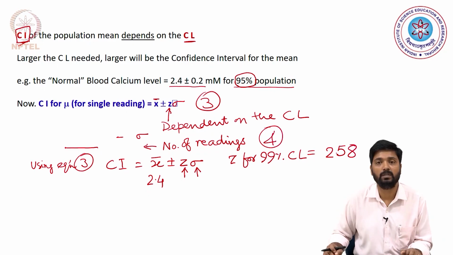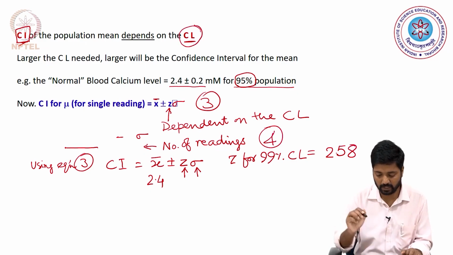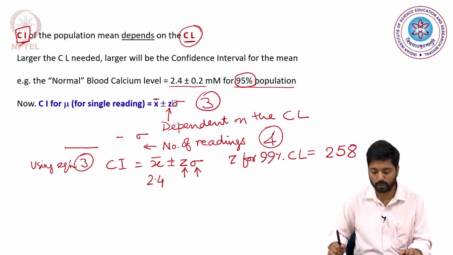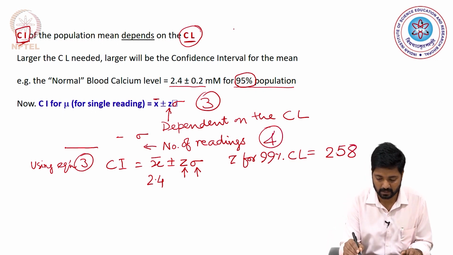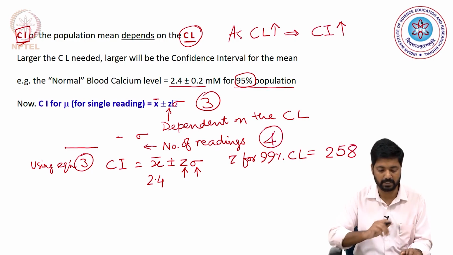2.58. The confidence interval of the population mean depends intricately on the confidence level of our reporting. So, if we want to report with a higher confidence level, we would want to use a higher z value, and that would imply that the confidence interval increases. So, as CL increases, the CI also increases.